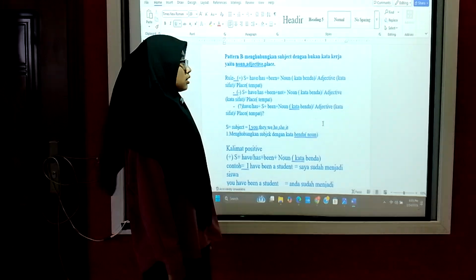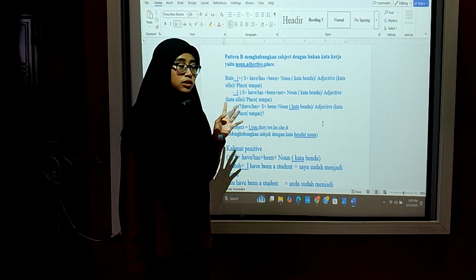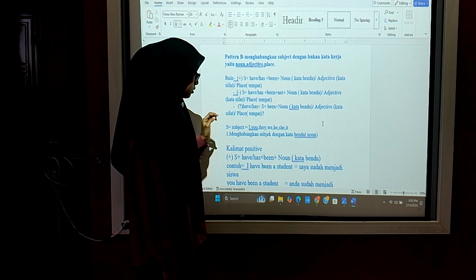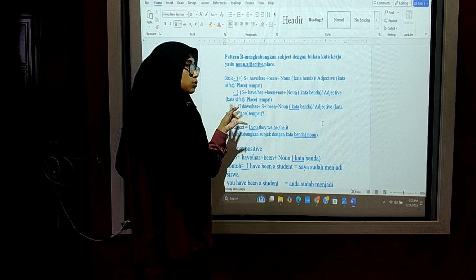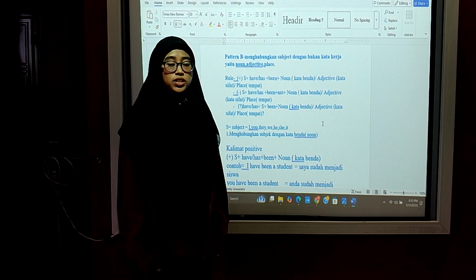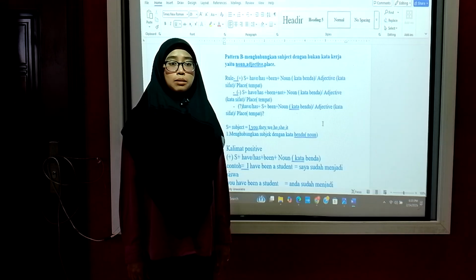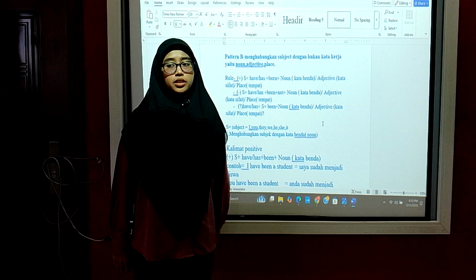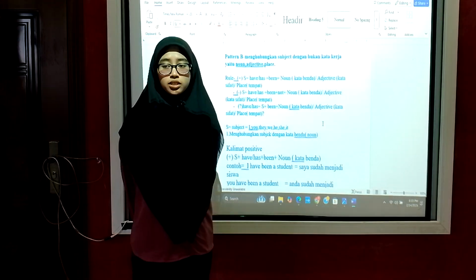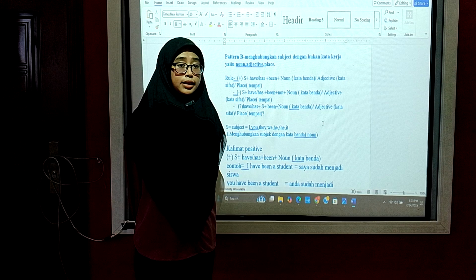Next. Because this page talks about pattern B, and this one talks about adjective. Oh, this one is about noun. And then I ask them first, what is noun? And they will answer like "kata benda, Miss." And then I ask for examples. They usually just mention book, lion, and so on.